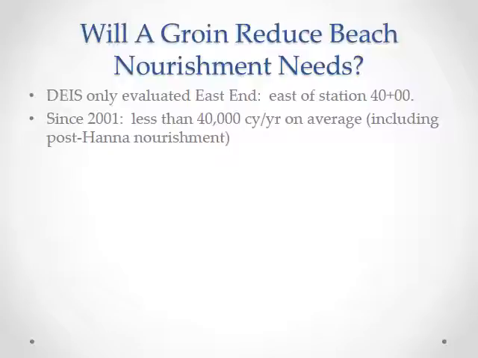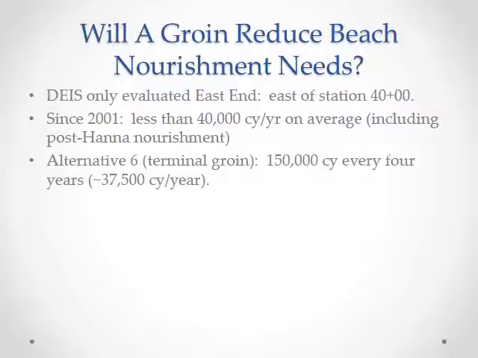That's with the pretty significant renourishment of 100,000 cubic yards after Hannah, which I understand hit you pretty hard. Alternative 6, the terminal groin alternative, requires 150,000 cubic yards every 4 years, so just under 40,000 cubic yards a year. Based on what's been done and what is proposed under Alternative 6, there's not going to be a significant difference in the amount of beach nourishment.